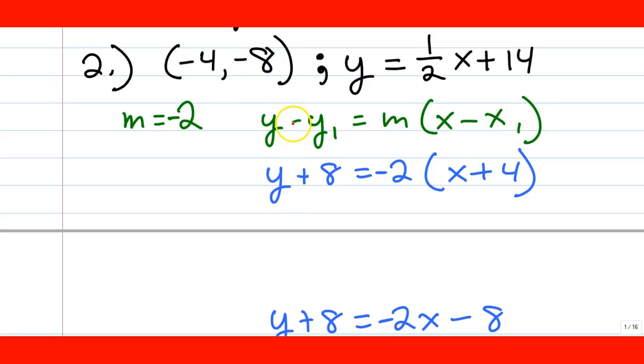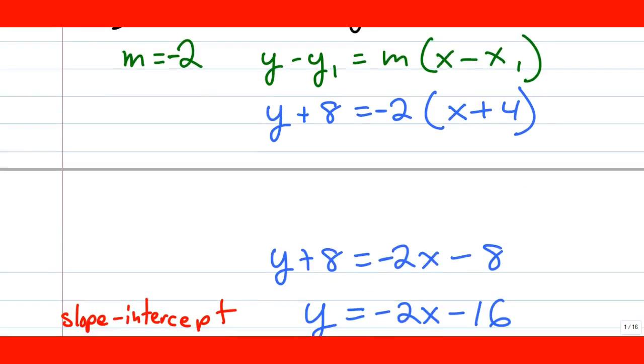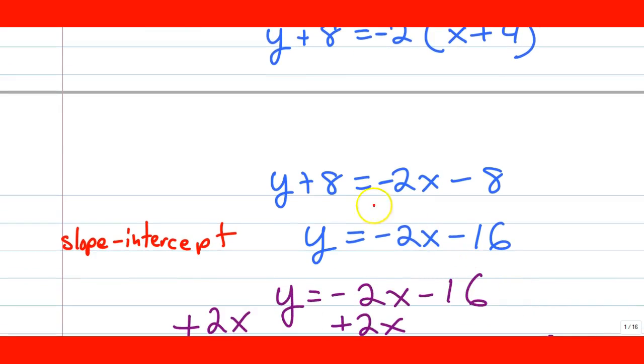I have a negative 8 here and a minus in the equation, it makes a plus 8 equals my negative 2, the slope that I found by looking at the equation that was perpendicular to mine, then x, then the formula has a minus, the 4 has a minus as well, that makes a plus 4. I'll simplify by clearing the parentheses. I have y plus 8 equals a negative 2x minus 8.